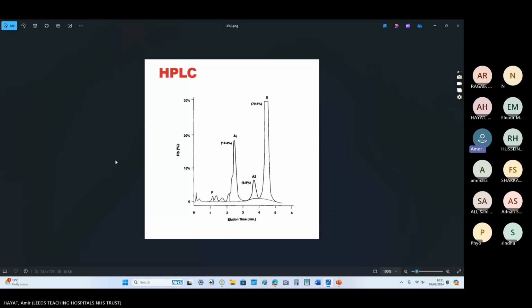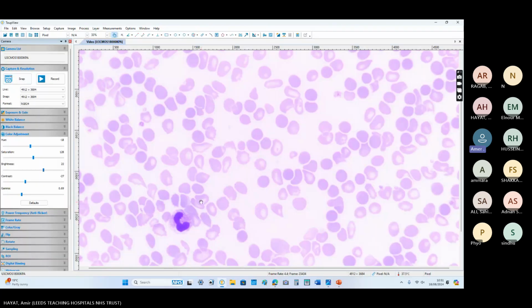Sickle beta plus thalassemia. And if it is a viva case, in the viva they would ask you about the principle of HPLC. They would ask you how you would assess a new immigrant patient in your clinic. So you would write all the details from A to Z, from checking the vitals to enrolling him into the hemoglobinopathy services.